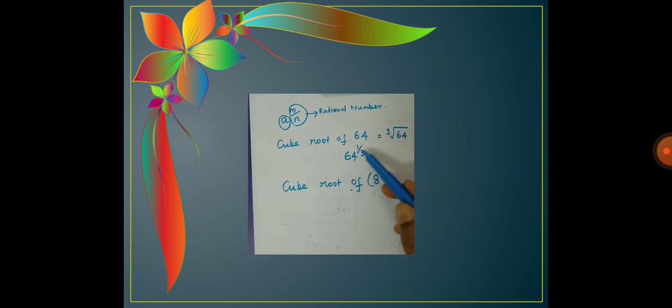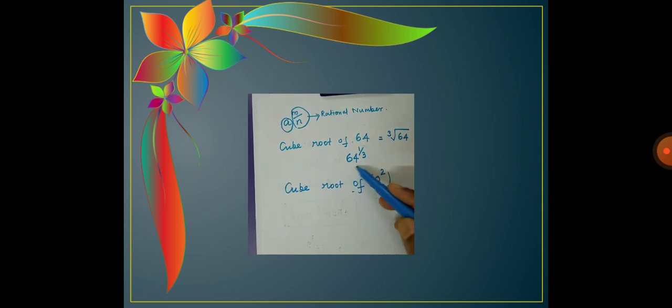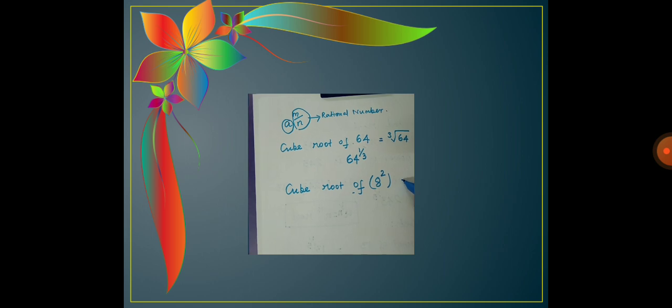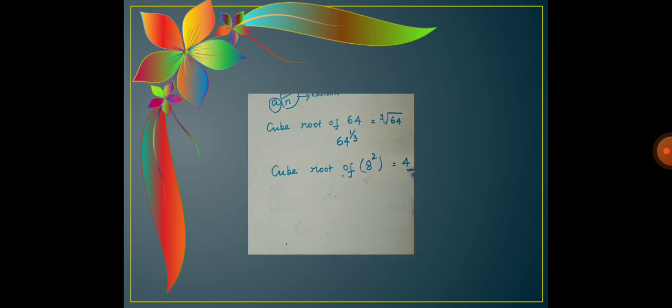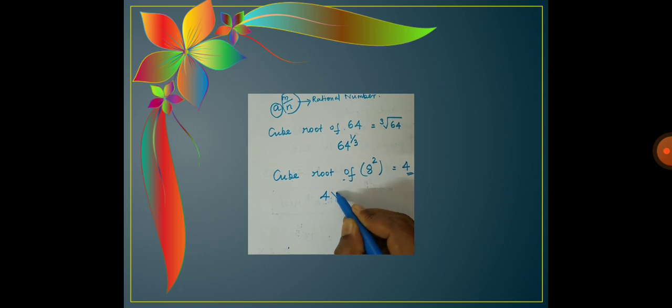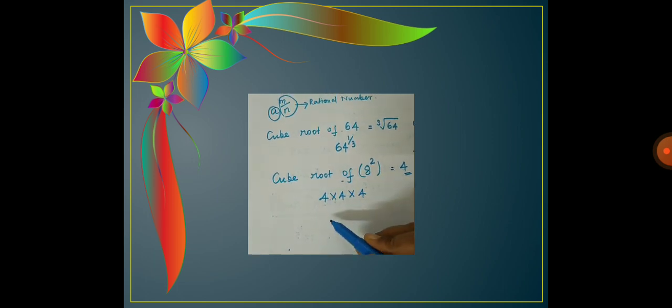So what is the cube root of 8 square? 8 square is 64, so the cube root of 64 is 4. How did we get 4? 4 into 4 into 4. As you know, 4 fours are 16, 16 fours are 64.